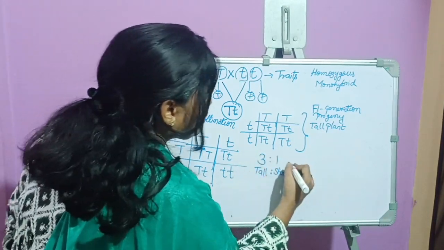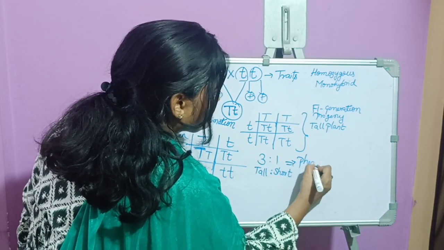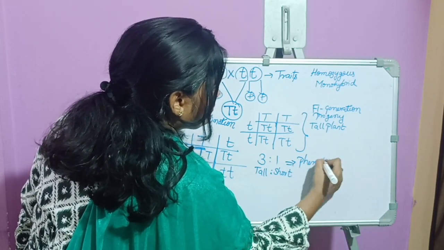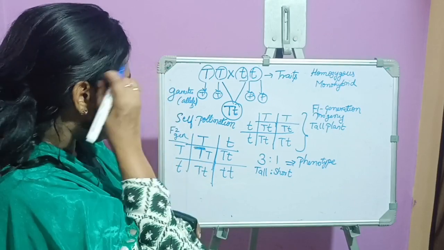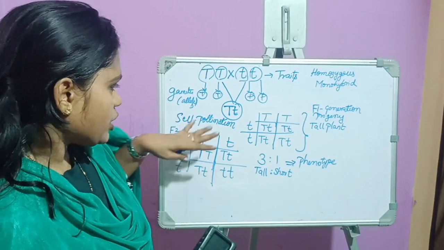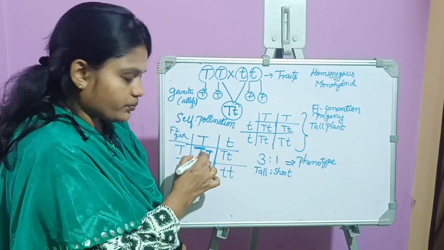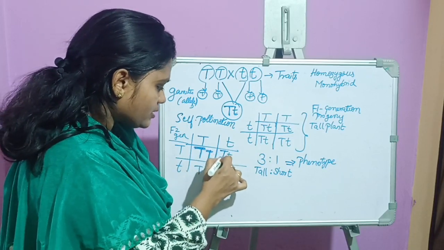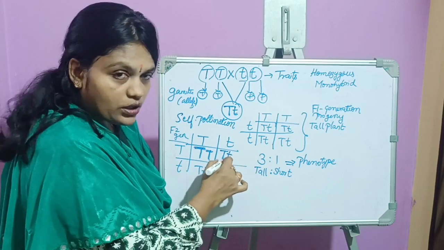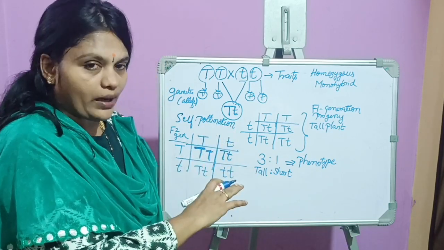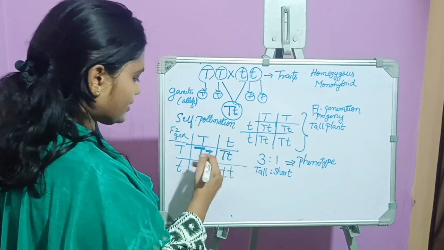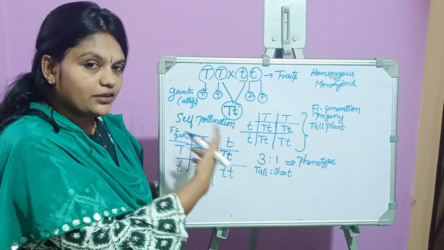This ratio we call the phenotype ratio, or generally the phenotype. Now observe the genotype. TT, that is two copies of capital T, and one copy of capital T with the other copy small t, these are also tall plants, but the genetic material differs in this case.